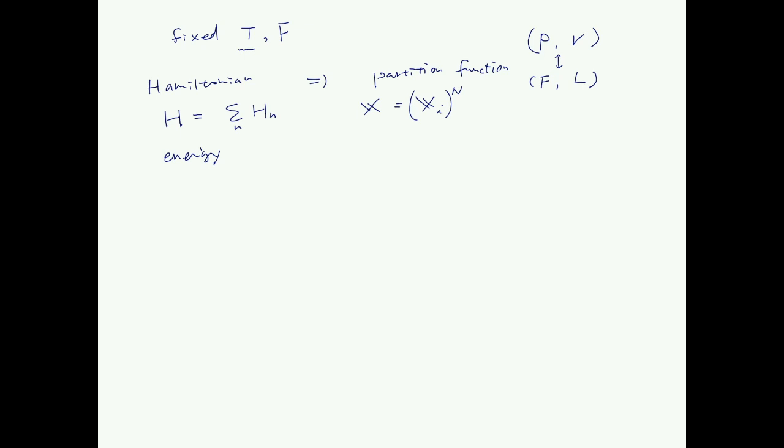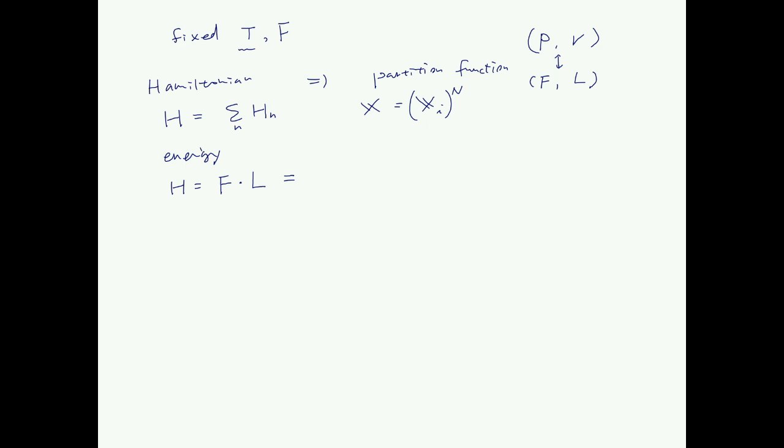Now, I start from something that has zero total length. If I have a constant force and my total displacement is L, my energy will be F multiplied by L. But now I want to decouple this into a sum of individual Hamiltonians on each segment.